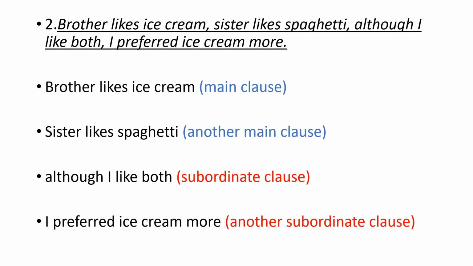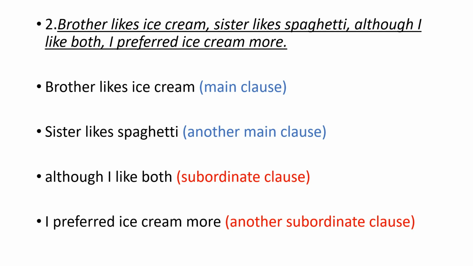Here is another example. Brother likes ice cream. Sister likes spaghetti. Although I like both, I preferred ice cream more. Let us try to analyze the example. Brother likes ice cream is the main clause. Sister likes spaghetti is another main clause.